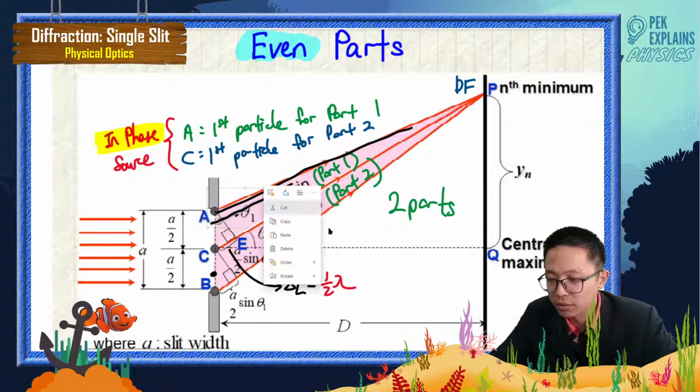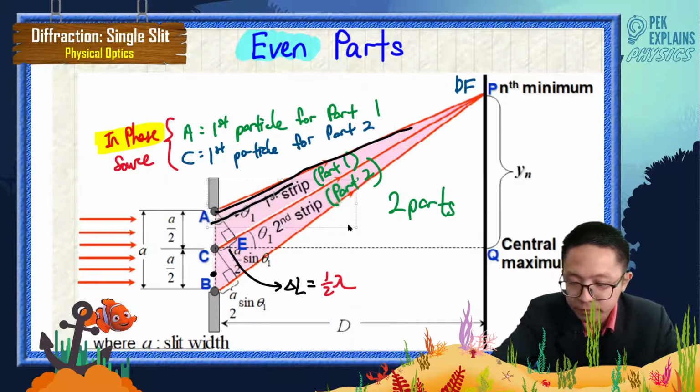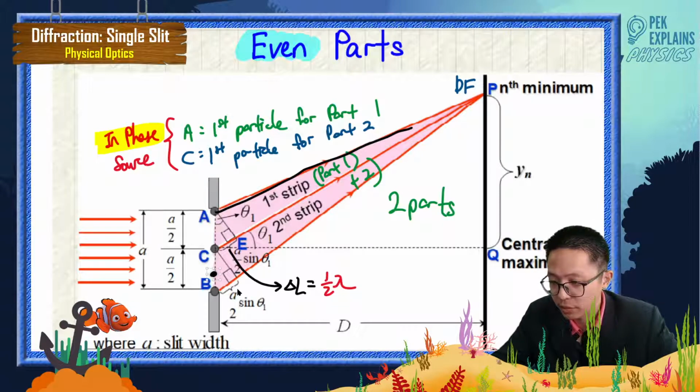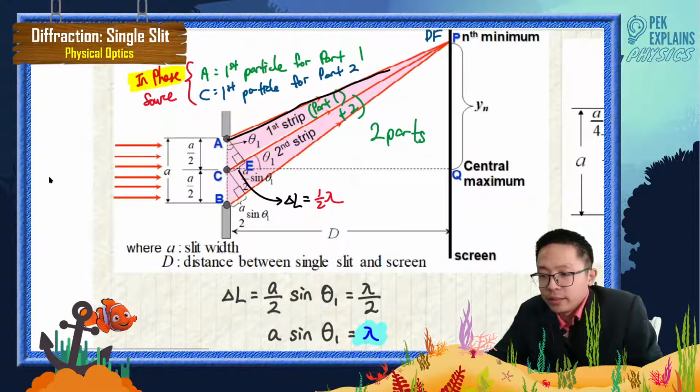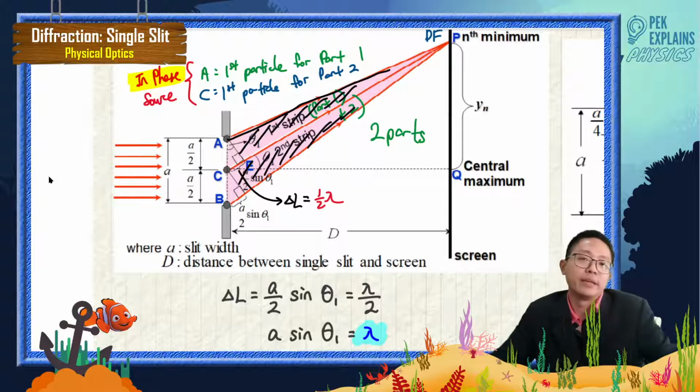Let's hear about the conclusion. Let me just remove all these. All the particles in the first strip are cancelled off by all the particles in the second strip.